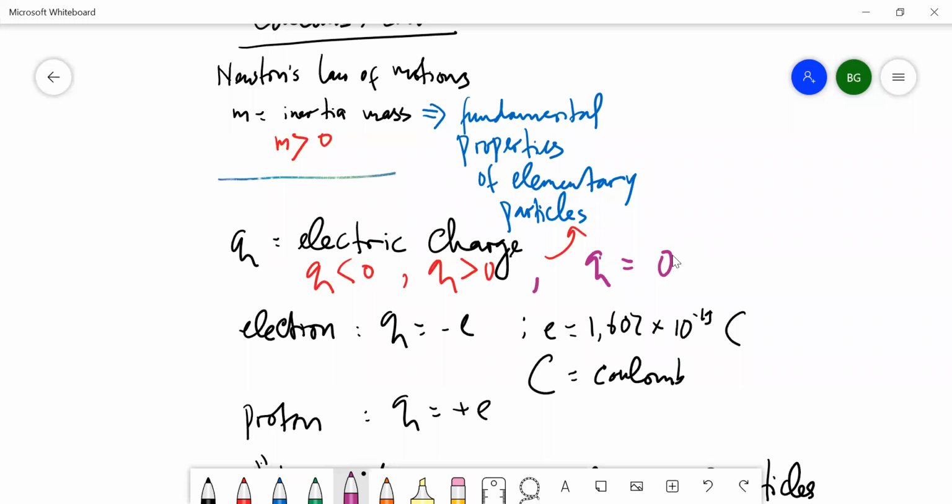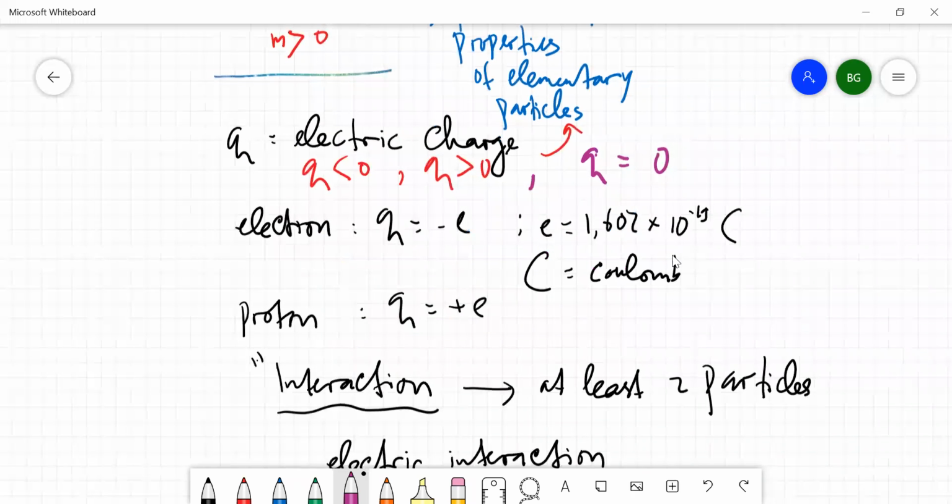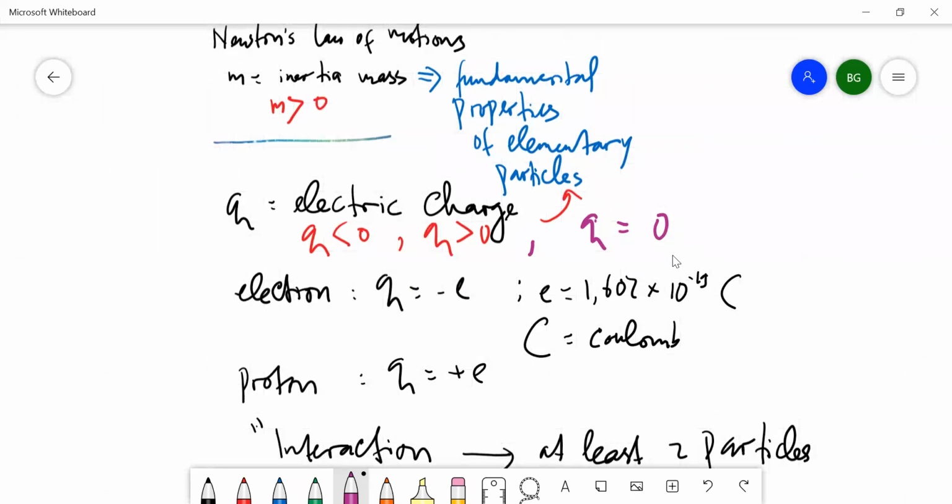So the unit of the charge we call coulomb. And also we have the proton. The proton's electric charge equals plus e. So they have different electric charges.